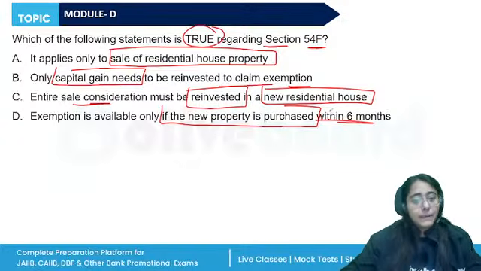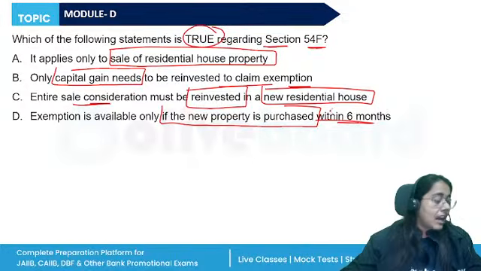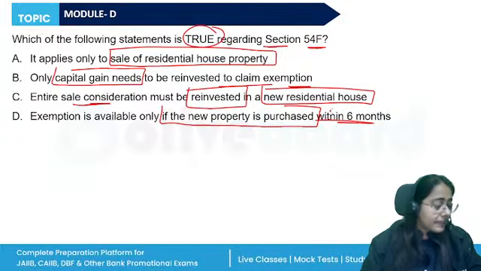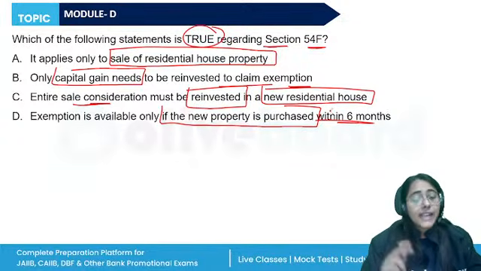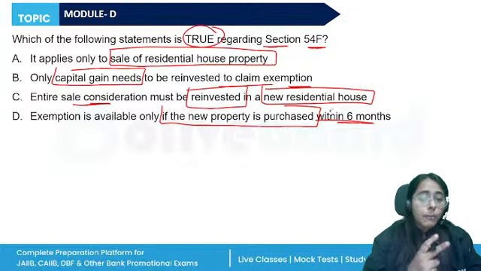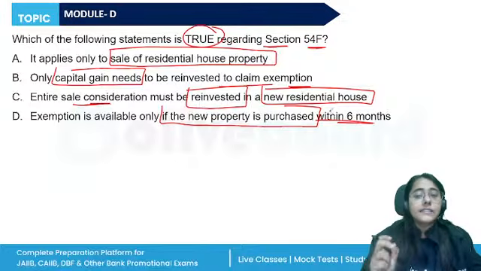Exemption on the capital gains on the sale of any asset other than a house property. 54 means I'm selling the house property, I'm using the proceeds to purchase another house property. 54F says capital gains are from the sale of a long term asset other than a house property. The entire sale consideration will be invested to buy a new residential house property.